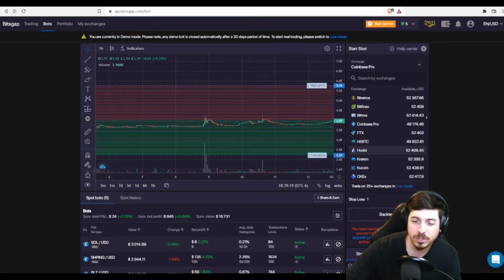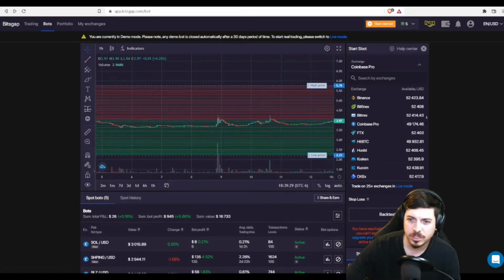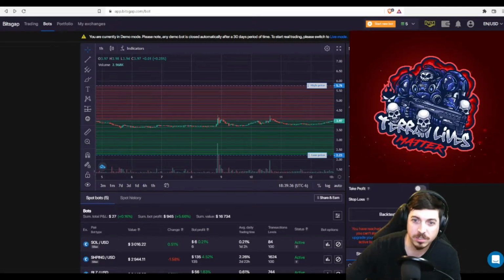Personally, I've only ever used Coinbase, and I've also connected my account to Gate.io. Those are the accounts that I have, and that's what I have had a lot of success with.